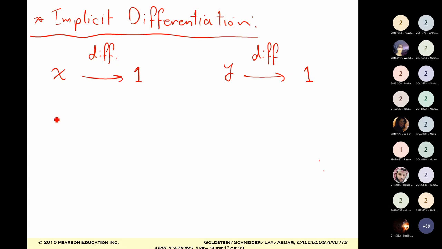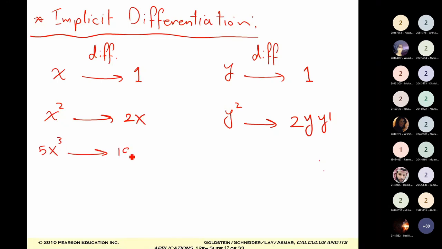For example, if we have x squared, the derivative is 2x. Okay, but if we have y squared, the derivative is 2y y prime. Okay, the derivative of 5x to the power 3 is 15x squared. Also 5y to the power 3 is the same, 15y squared, but must be multiplied by y prime.